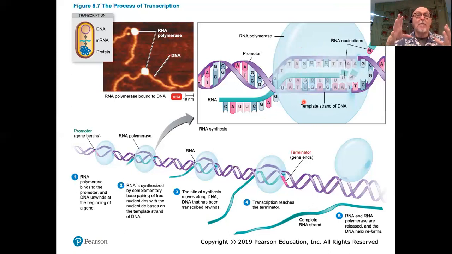There is a stop instruction. It's often not a single signal. It can also vary between different genes, but there is some instruction given to the RNA polymerase to tell it to stop. And when it reaches that instruction, it falls off, and the complete RNA strand is then allowed to go free into the cytoplasm.